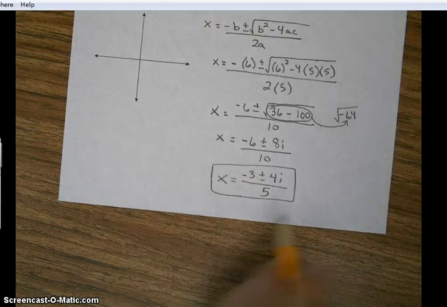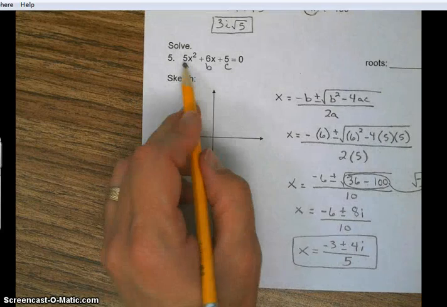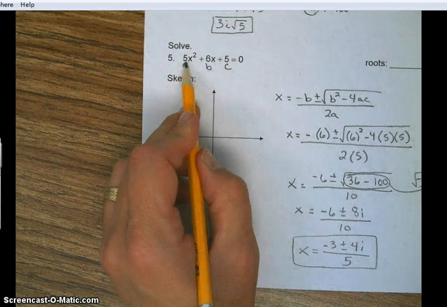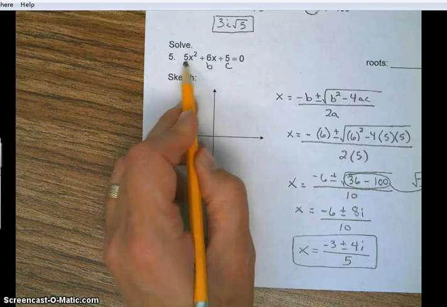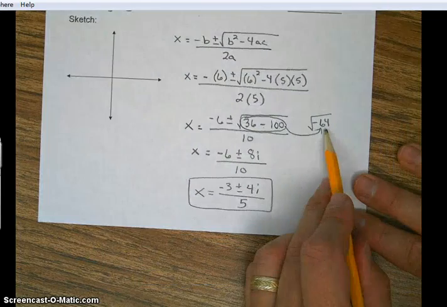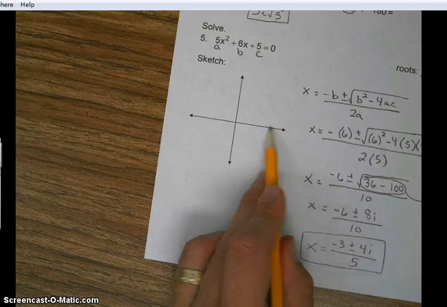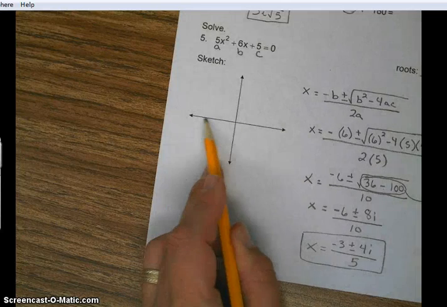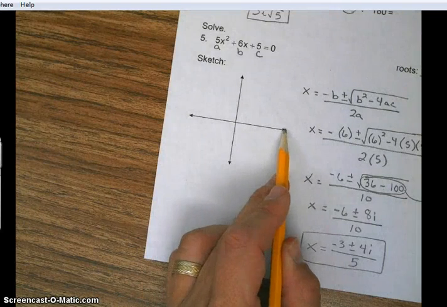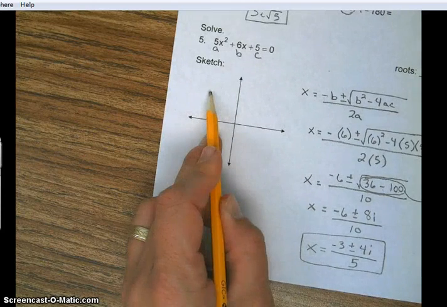Okay, so what do I know about this graph? I know, number one, that this parabola opens up because it's positive. Okay, I also know that because my discriminant is negative, I have imaginary solutions, which means that the graph does not cross this line, which means that it's going to need to be up here in the first or second quadrant.